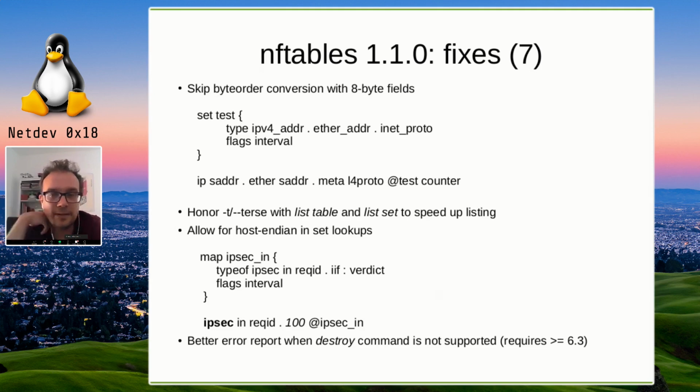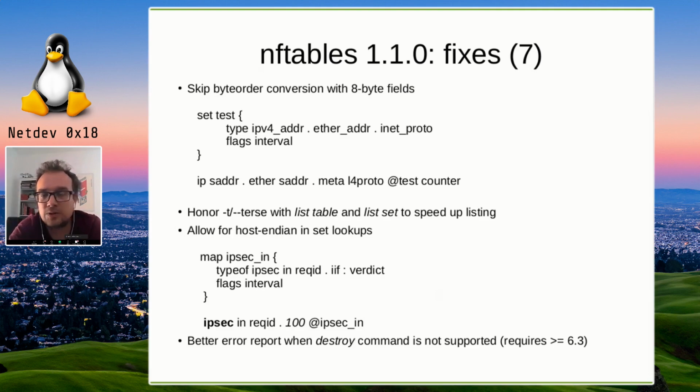Basically, in these concatenations you have an IPv4 address, Ethernet address, an inet protocol field, and we have this interval flag, so this set is going to store ranges of this concatenation, and we have to make sure that all these fields are in network byte order, which is what the pipapo backend in the kernel needs to represent the data. So what's going on here?